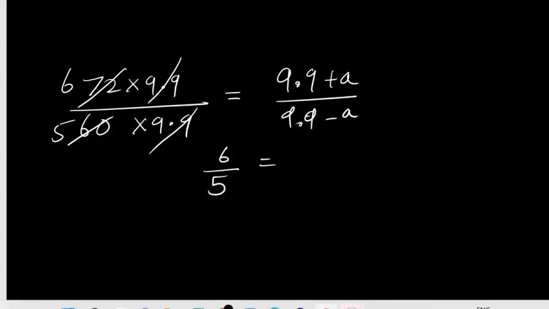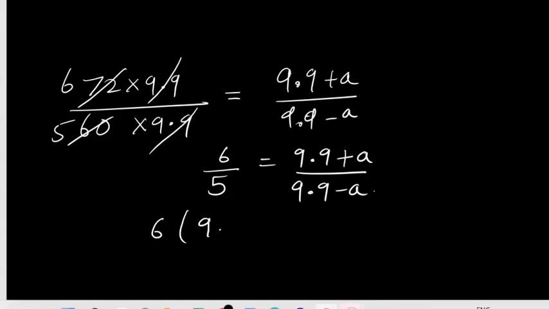So 6 by 5 is equal to 9.9 plus a divided by 9.9 minus a. Now this becomes 6 times 9.9 minus a is equal to 5 times 9.9 plus a.